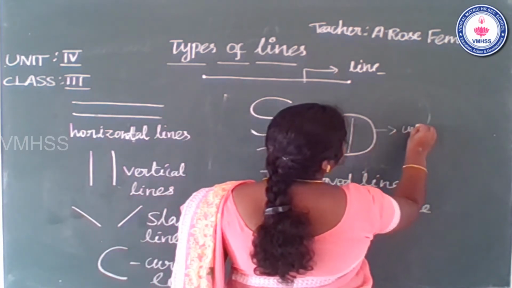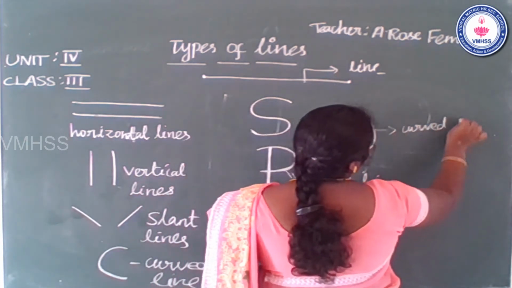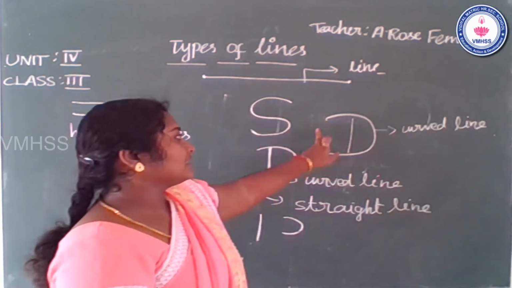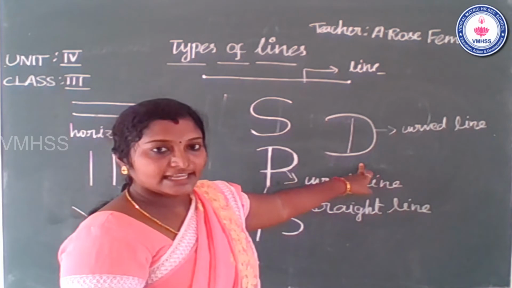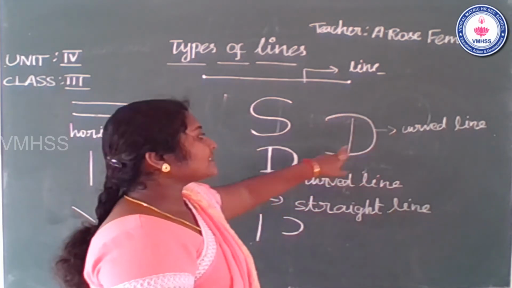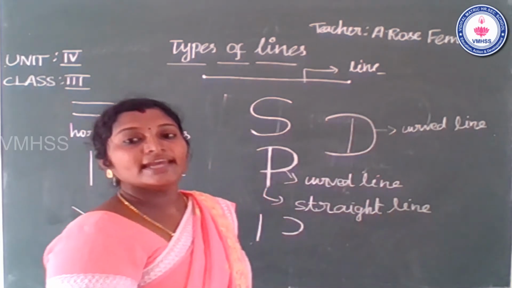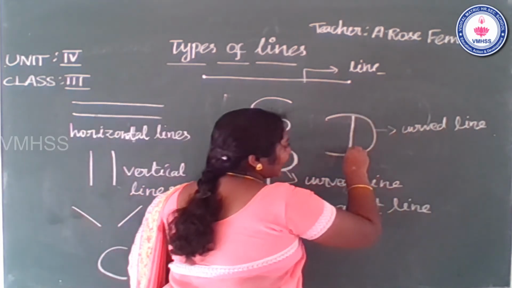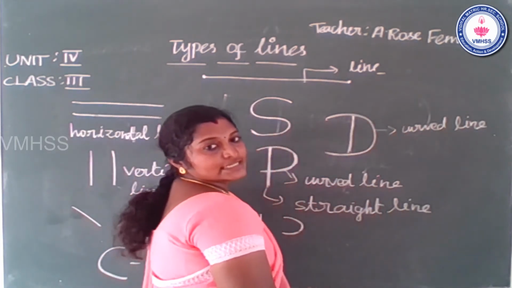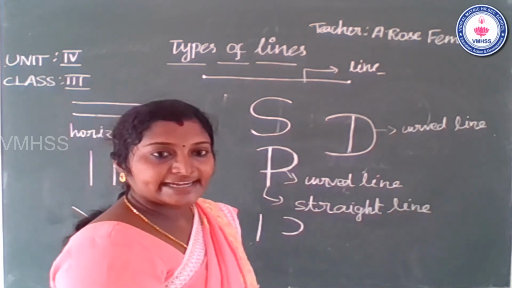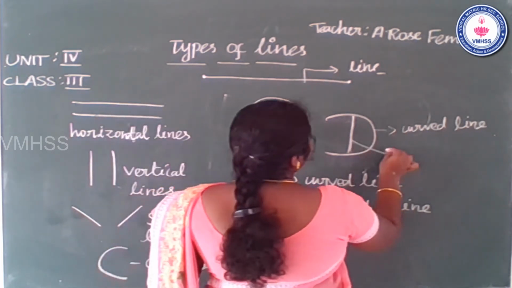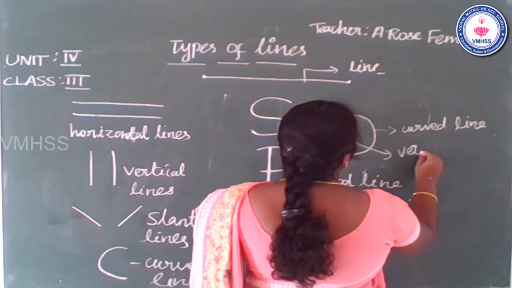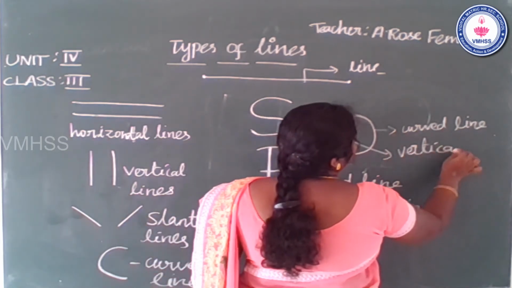Then this is the curved line and this letter is D. The name of the letter is D and this line is a curved line, and this line is a straight line. Another name for it is vertical line.